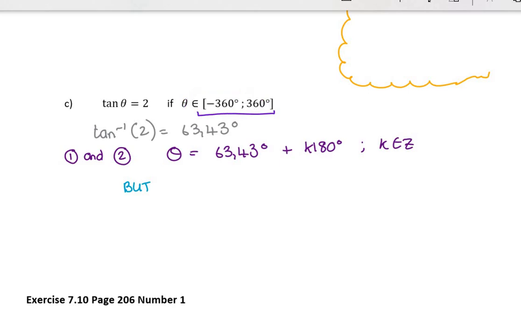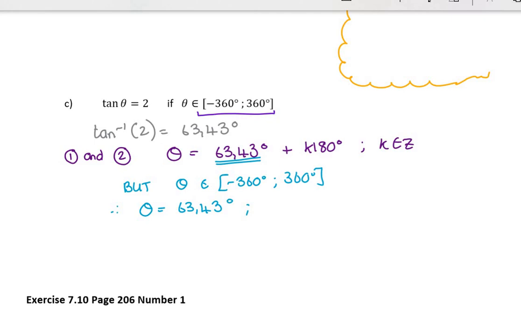Okay, but apparently theta must be an element, it must be between negative 360 and 360. Now that's not a problem. Therefore, theta must be, and you start off with the original answer. Does 63 fall into my category? Yes, it does. So 63.43 is acceptable. Now what I would do is I would add 360. And if I add 360, I get 423. I take that back immediately.